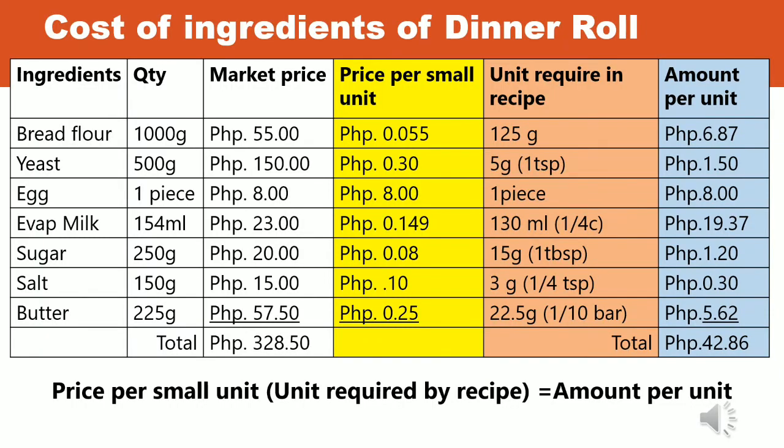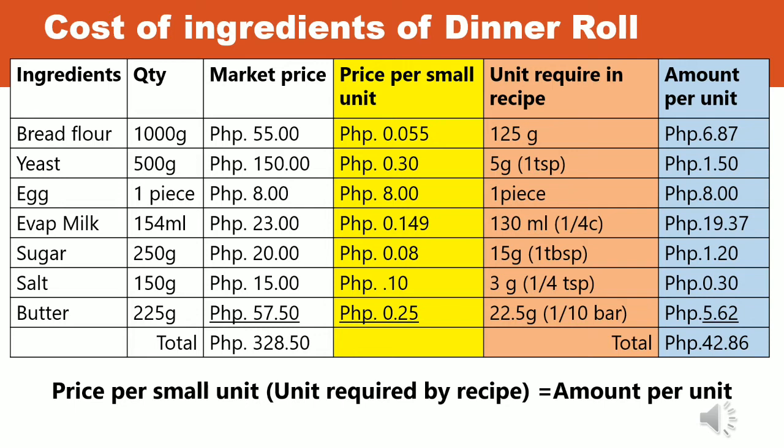Now we're going to identify the cost of ingredients of dinner roll. Always remember, the amount for ingredients always depends on its quantity. The formula: price per small unit multiplied by unit required by recipe is equal to the amount per unit. Let's have an example. Bread flour.